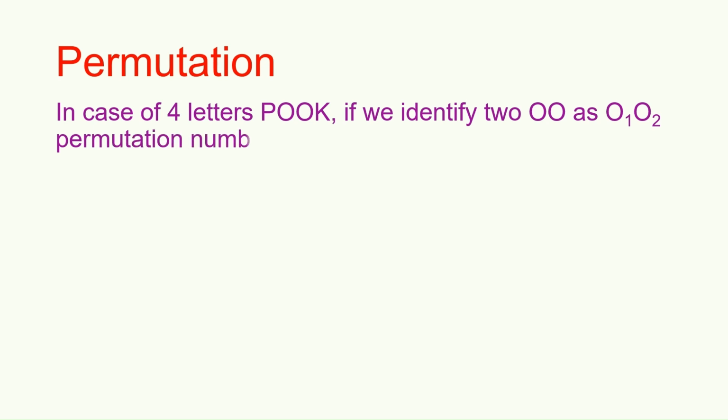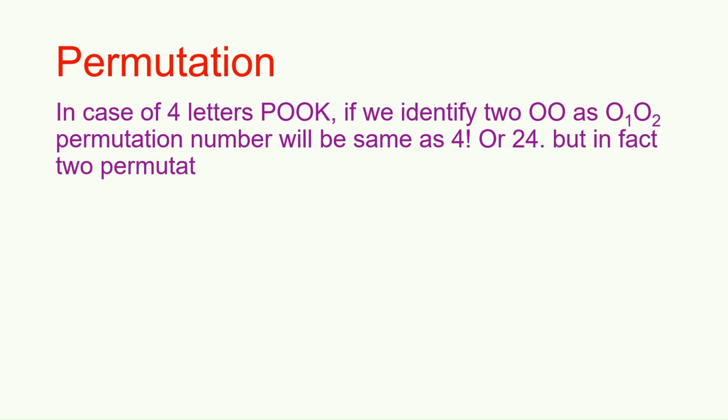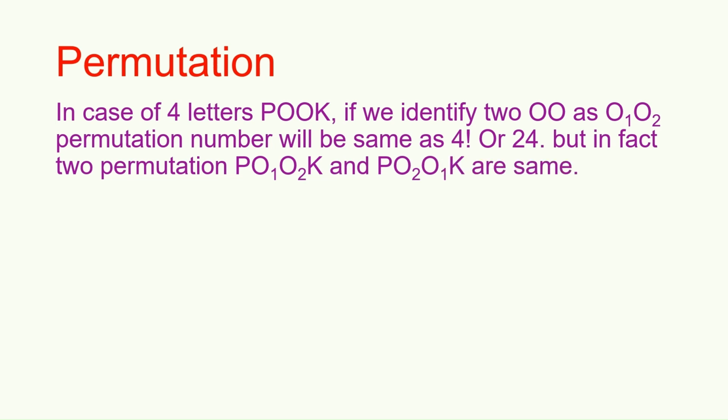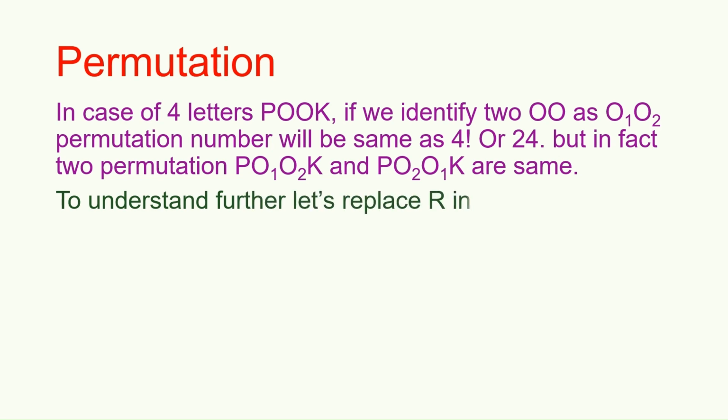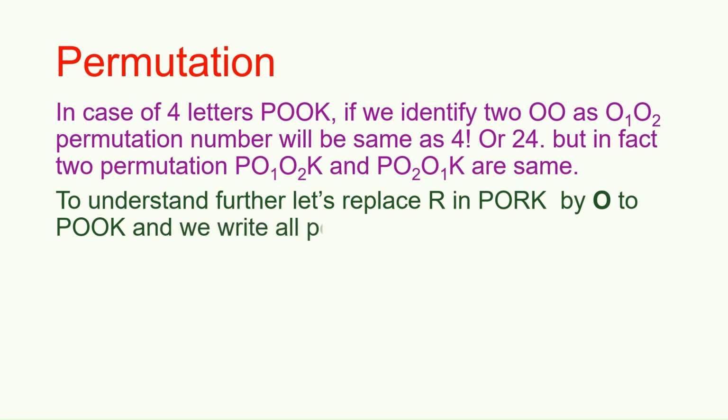In the case of the 4 letters POOK, if we identify the 2 O's as O1, O2, the permutation number will be the same as 4 factorial, or 24. But in fact the 2 permutations P O1 O2 K and P O2 O1 K are the same. To understand further, let's replace R in PORK by O to make POOK, and we write all possible combinations. You note the difference here.